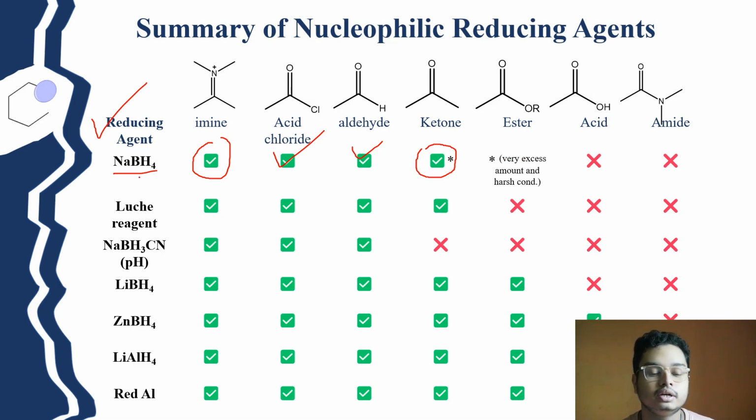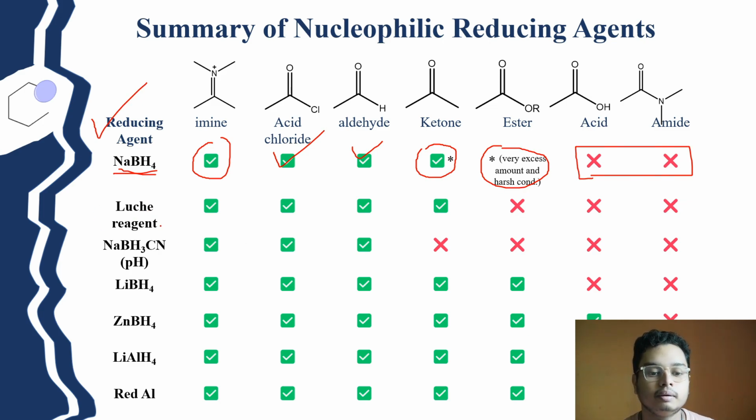Ester is usually not reduced by NaBH4 under standard conditions, but if you increase the amount of NaBH4 to 5 or 6 equivalents, then it can reduce the ester also. But very harsh conditions are required, so we are not dealing with ester reduction using NaBH4. And acid and amide are not reduced by NaBH4.